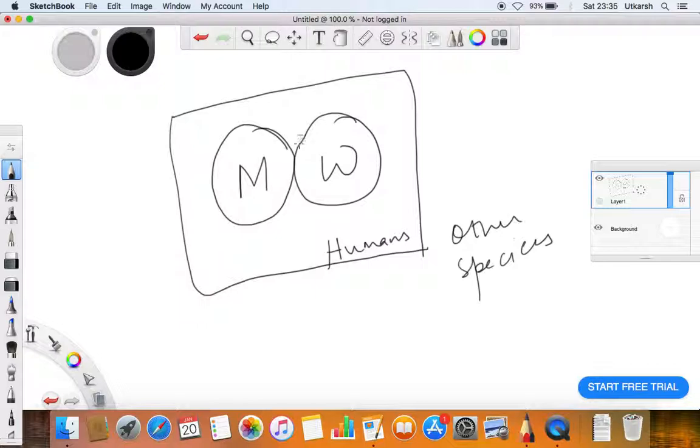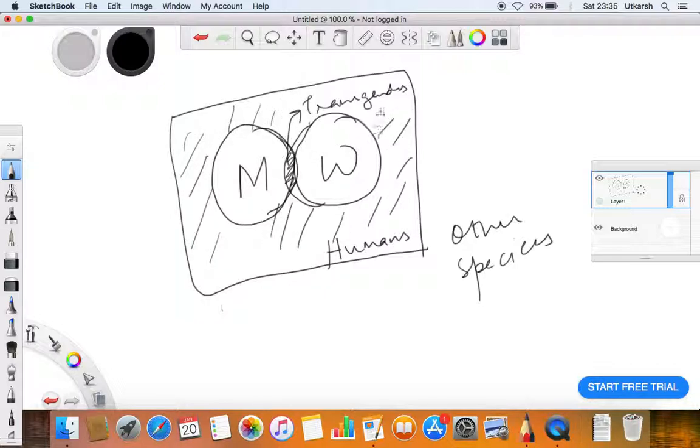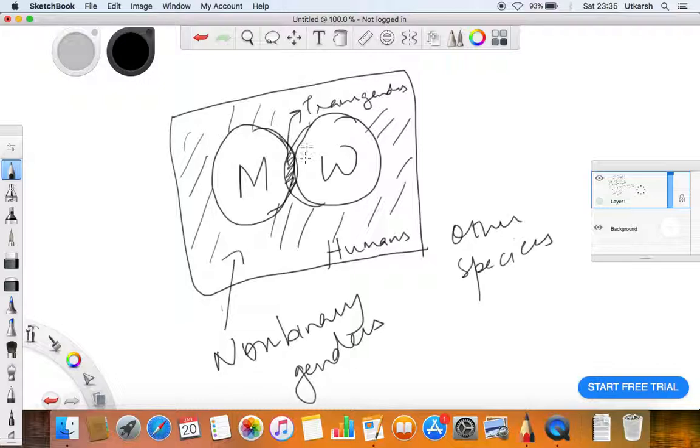This is men, women, or if you want to be a little more accurate, you can have something like this. So this may be transgenders, and this area will be, I guess, non-binary genders. Okay, this may be a slightly controversial example, but let's just go ahead with it. Just clean it up a little so that you don't get confused.